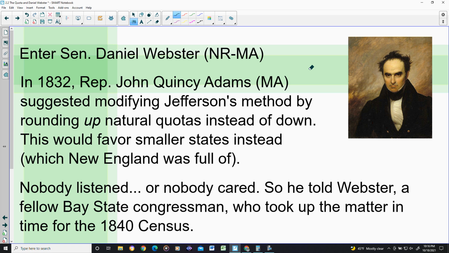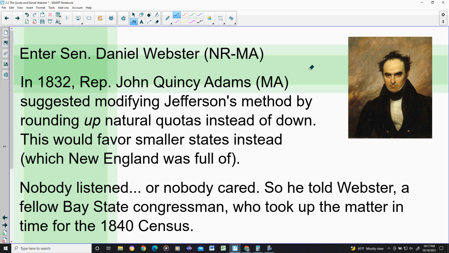And it's kind of a pretty self-guiding example, if you will, kind of the obvious conclusion to all of this, that he gets passed for 1840. Well, Jefferson rounds everything down. That doesn't work. It's biased.